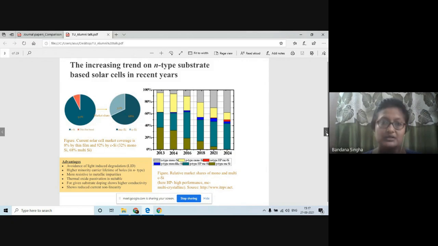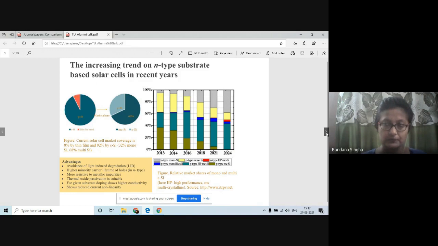And when the recombination is less, it will enhance the carrier lifetime in that substrate. Also, it's seen that n-type wafers are more resistive to impurities. So there are certain advantages of n-type wafers, and that's why people are focusing on using n-type silicon in recent years.